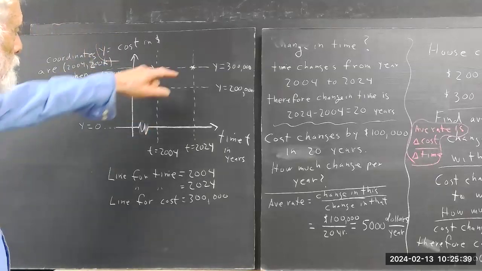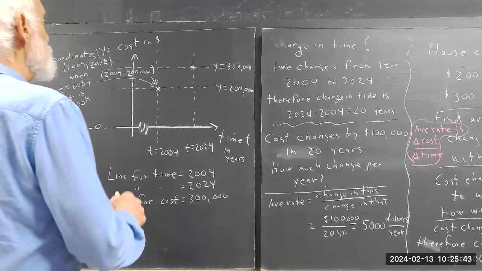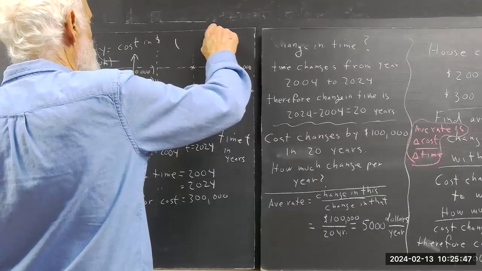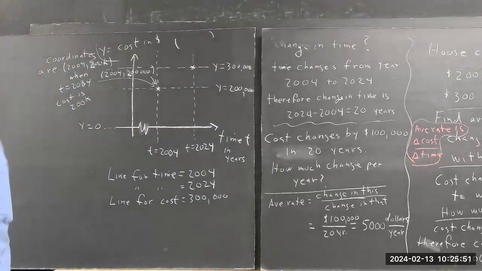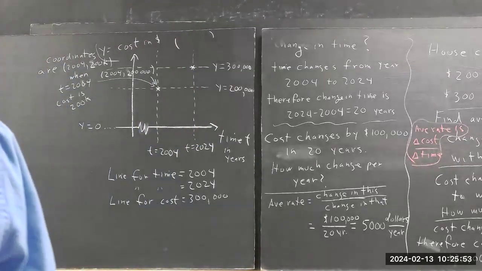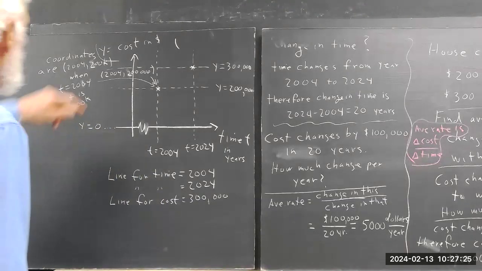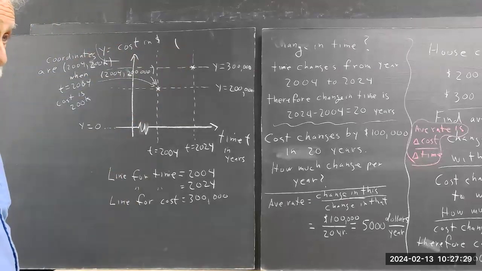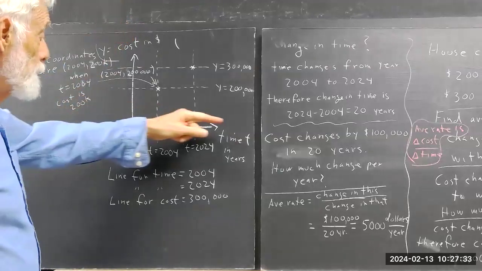All right, well, what are the coordinates at this point? In a set of parentheses, fill in the coordinates. Now, if you look at what I did here, there are 2 coordinates. There have to be 2 coordinates for plotting on the plane. You do this coordinate first, then this coordinate.